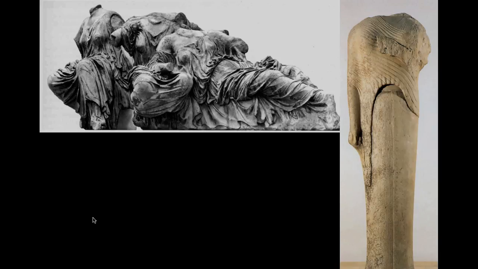And this is just to show you a comparison of this idea of wet drapery, which we see here. And this is a Greek sort of chorus figure called Hera of Samos.